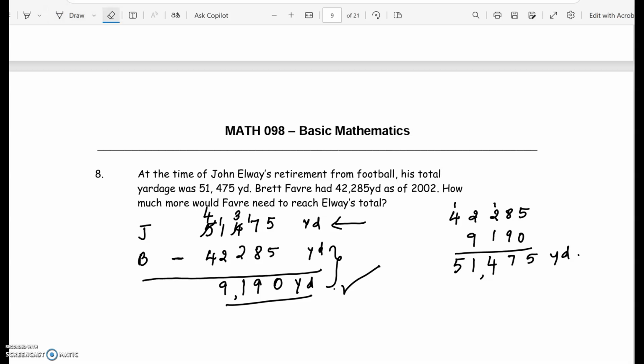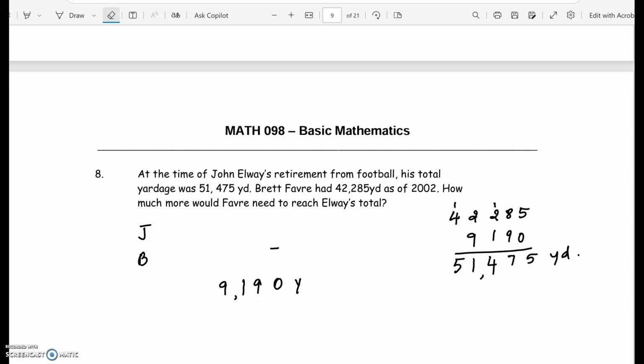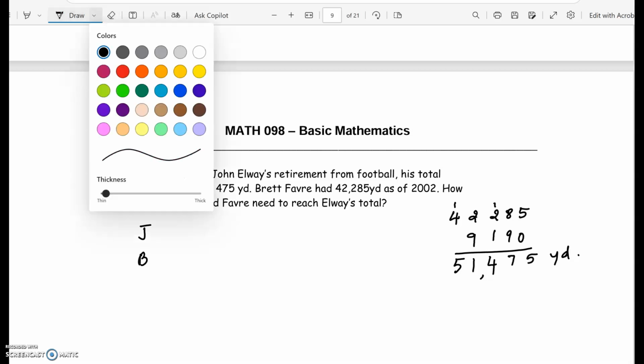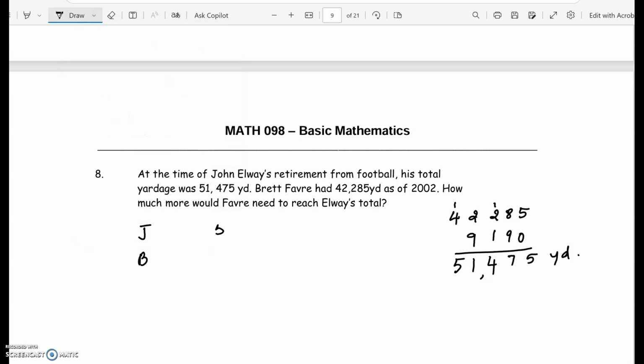So let's just redo this. So John, read the question. When he retired, his yardage was 51,475.